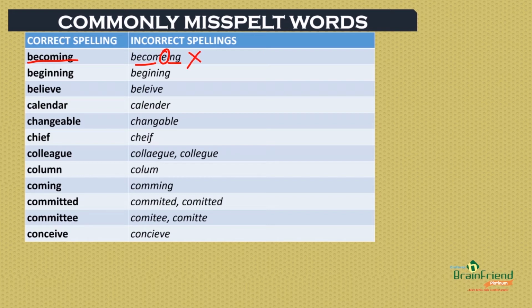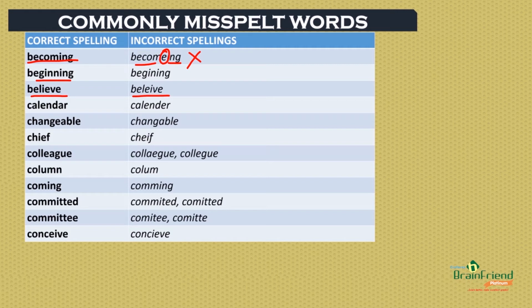Next, we have beginning. Beginning is spelled BEGINNING, but it is wrongly spelled as BEGINING. Moving on, we have believe. Believe is spelled BELIEVE, but it is wrongly spelled as BELEIVE.